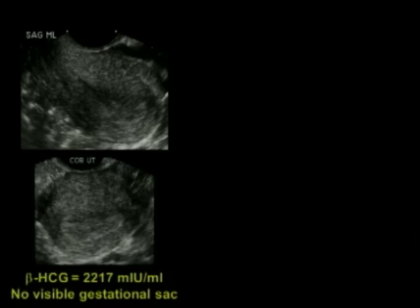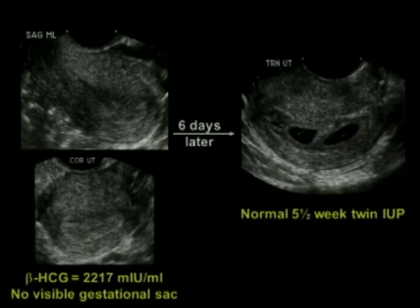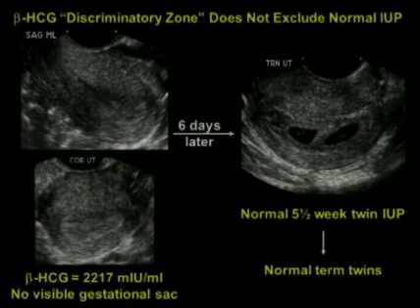If we followed the protocol that's used in some emergency rooms, which fortunately we don't, this woman would have been given methotrexate because her beta-HCG of 2200 was above the discriminatory zone of 2000, and there's nothing seen in the uterus. But look, 6 days later, there's a normal 5.5-week twin intrauterine pregnancy seen, and she gave birth to normal twins. Another example of why the beta-HCG discriminatory zone does not exclude a normal intrauterine pregnancy.